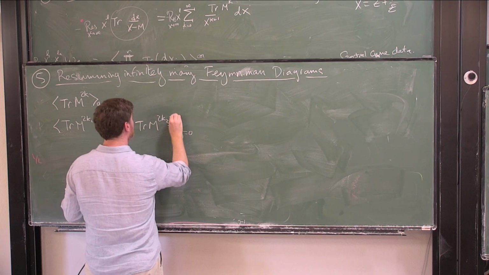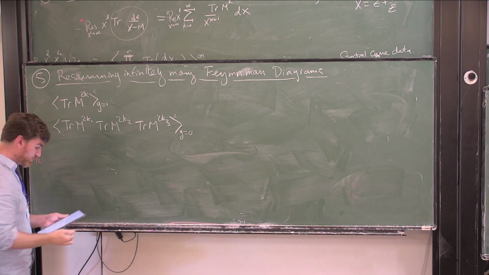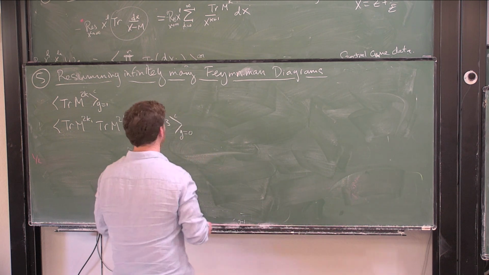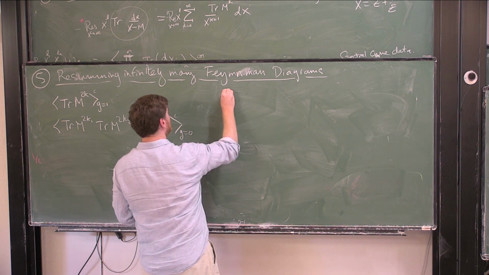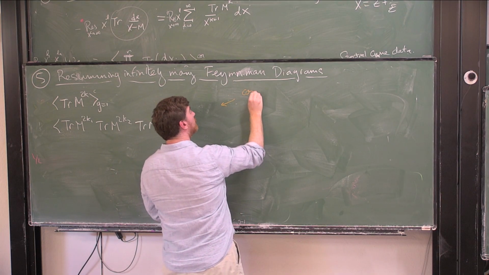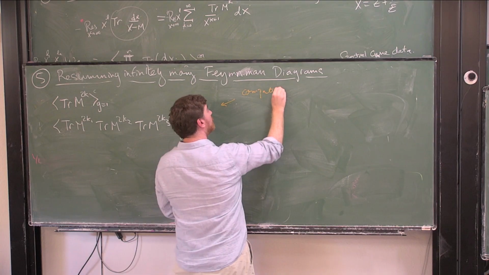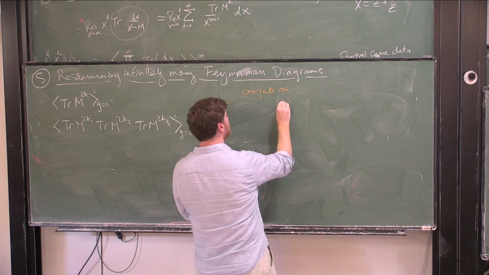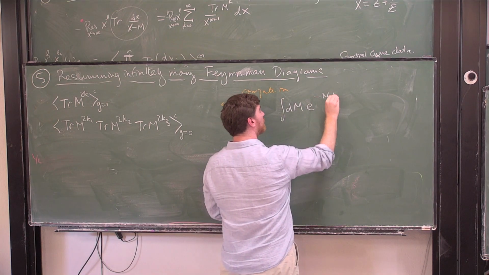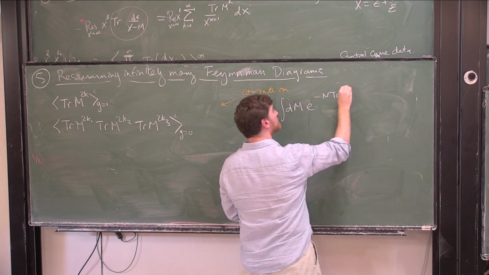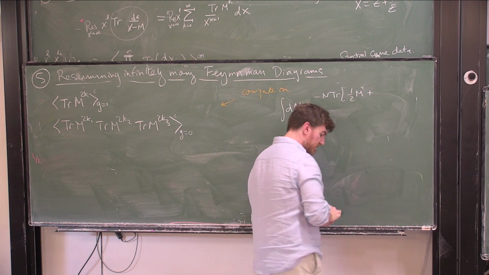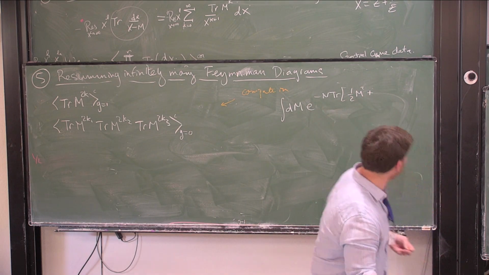Genus 0, connected. But we want to do this in the quartic matrix integral. Just remember what this means: we're trying to compute, in an integral of this form, squared plus this perturbation parameter we had yesterday.